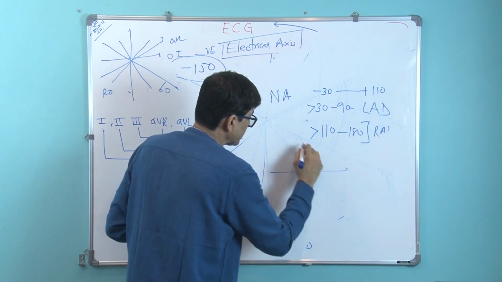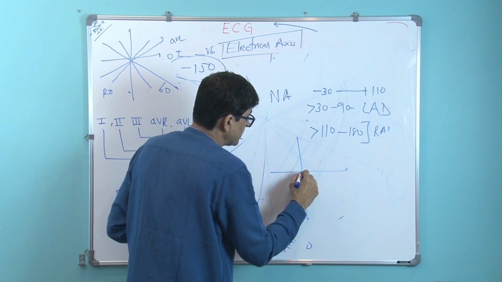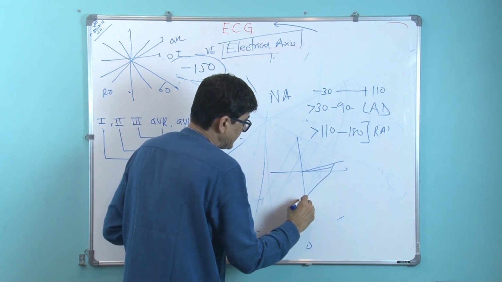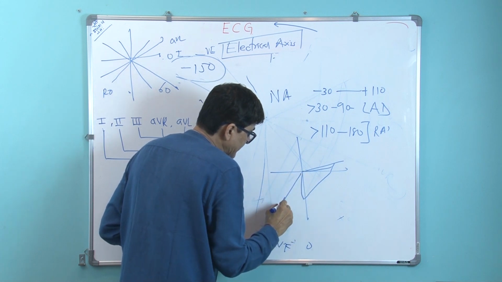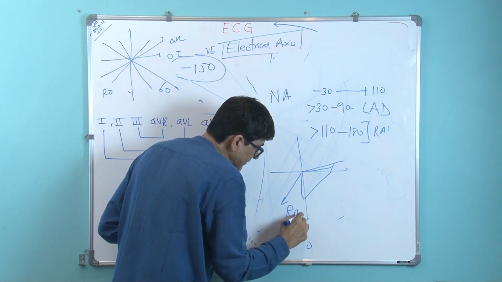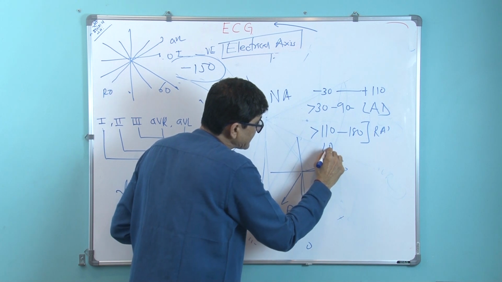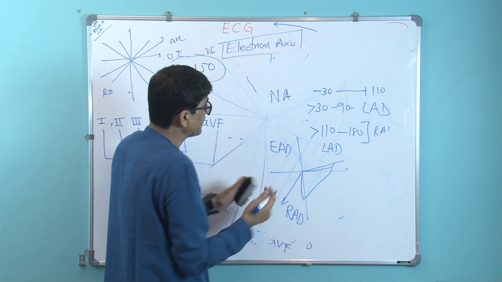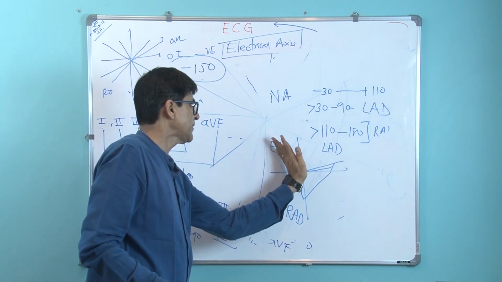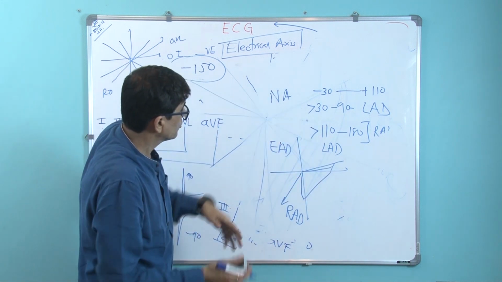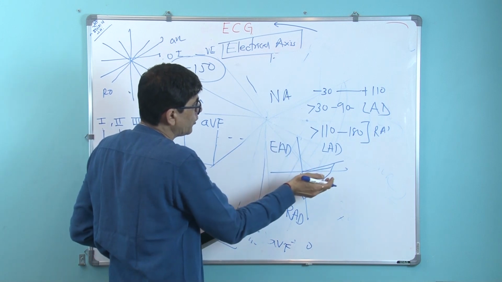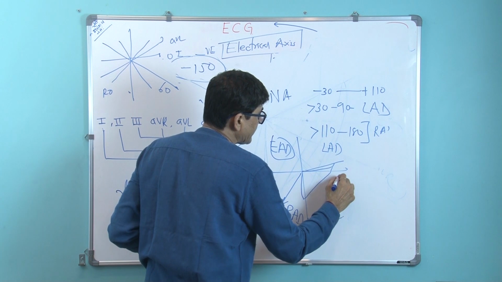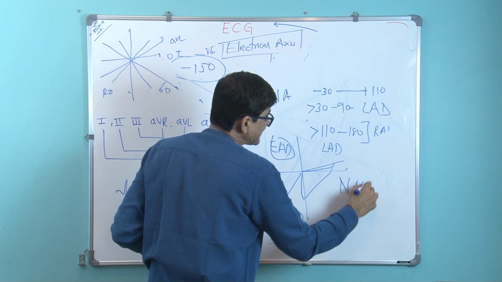So this area is normal, here the axis is right axis deviation, here is left axis deviation, and this is extreme axis deviation. Extreme means the axis has traveled either here or here. So either extreme positive or extreme negative. Many times this extreme axis deviation is also called no man's land.